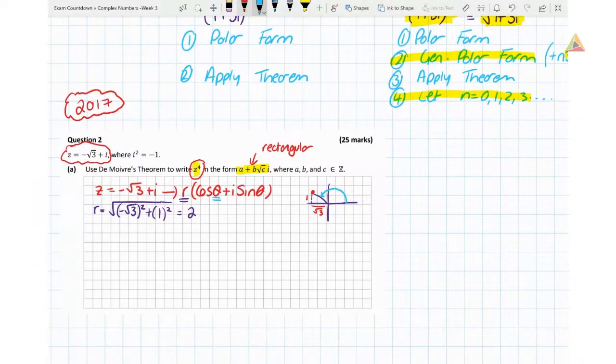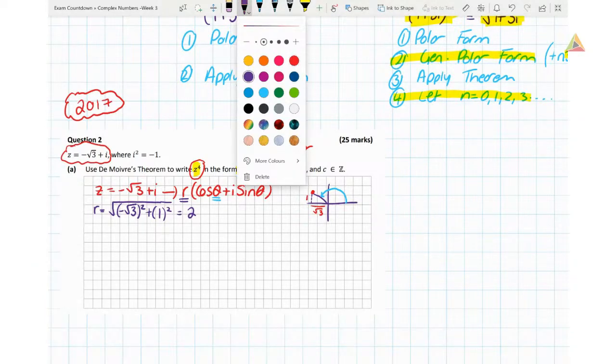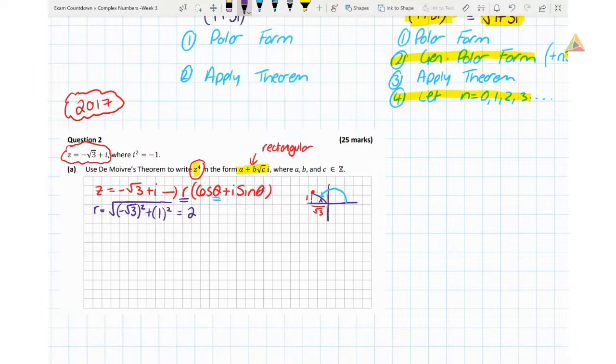Before I can find theta, I'm going to need to find my angle in here, which I'm going to call angle A for now. So I have the opposite, I have the adjacent. Let's make that triangle just a little bit bigger so you can see it. That's 1, that's root 3, and there's my angle A. My opposite is 1 and my adjacent is root 3, so we know that we're going to be using tan. So the tan of my angle A is opposite over adjacent, 1 over root 3.